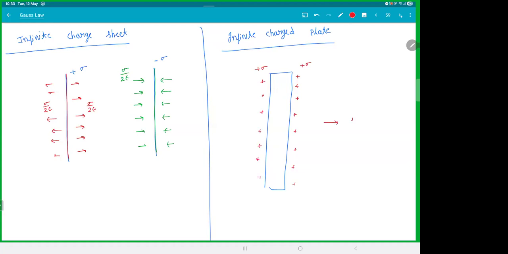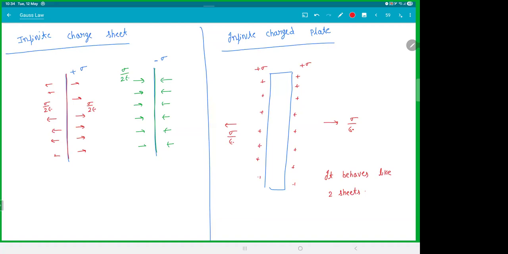So here the field will be sigma by epsilon and sigma by epsilon. So just be careful with that wording there. Are you talking about a sheet or a plate? In a sheet, when you look from the right side or the left side, you're looking at the same molecule. The sheet is so thin. So this is how we use Gauss law to find field due to different shapes, especially symmetrical shapes. Clear with this? That's one of the more practical applications.